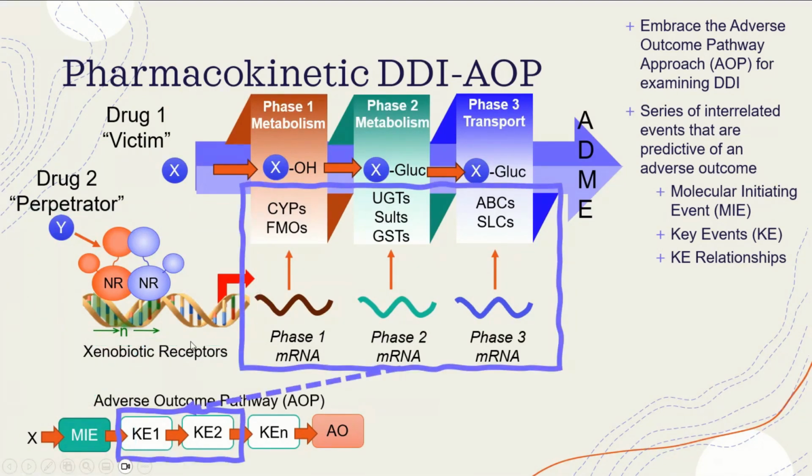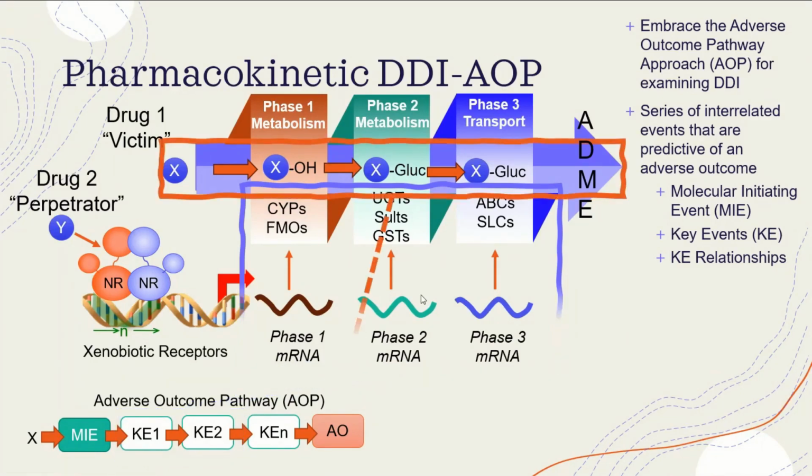A key event that occurs after this binding, since these are transcription factors, is we get those changes in mRNA that are reflective of changes in activity that is ultimately going to cause the adverse outcome. So these changes are the key events, the cellular events, that ultimately are predicting the change in metabolism, which we're going to call the adverse outcome.